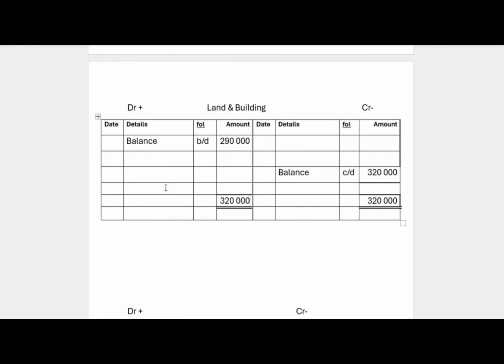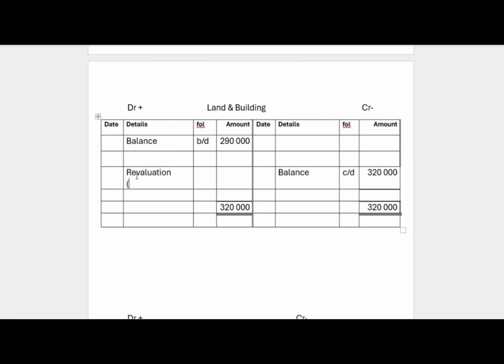It's just revaluation. So you come here and say revaluation, because it's equal to the revaluation that we got in the question right there. And then you can also indicate in brackets there that we said 50,000 less 20,000. Just to indicate the calculation. But also when we balance, when we say 320 minus 290, we are still getting 30,000. But now this is to confirm that this is your increase in land and building of 30,000.